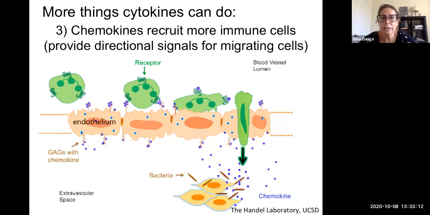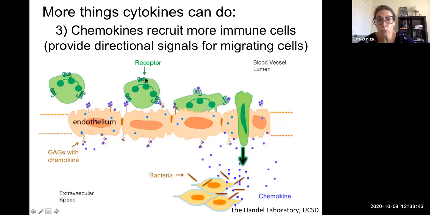And third, the chemokines, we said how they will recruit more immune cells. And I will not go through the details here to avoid adding more names, but basically the chemokines can be produced by endothelial cells and epithelial cells, and they will form a gradient that will attract the leukocytes that have the receptors for these chemokines.